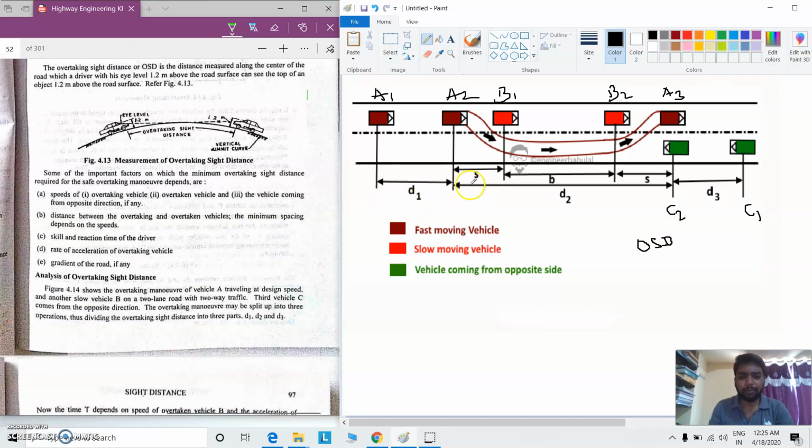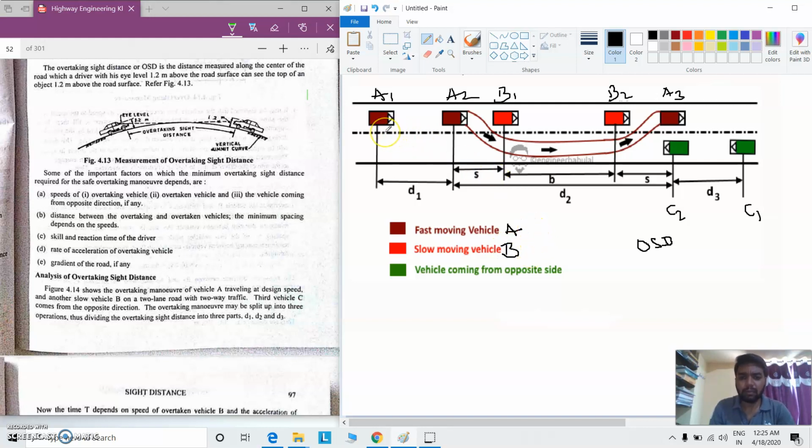Here we can consider the vehicle denoted with color coding as the fast moving vehicle, or overtaking vehicle. Vehicle A is the overtaking vehicle, and vehicle B, denoted with color coding, is the slow moving vehicle, which is the overtaken vehicle.